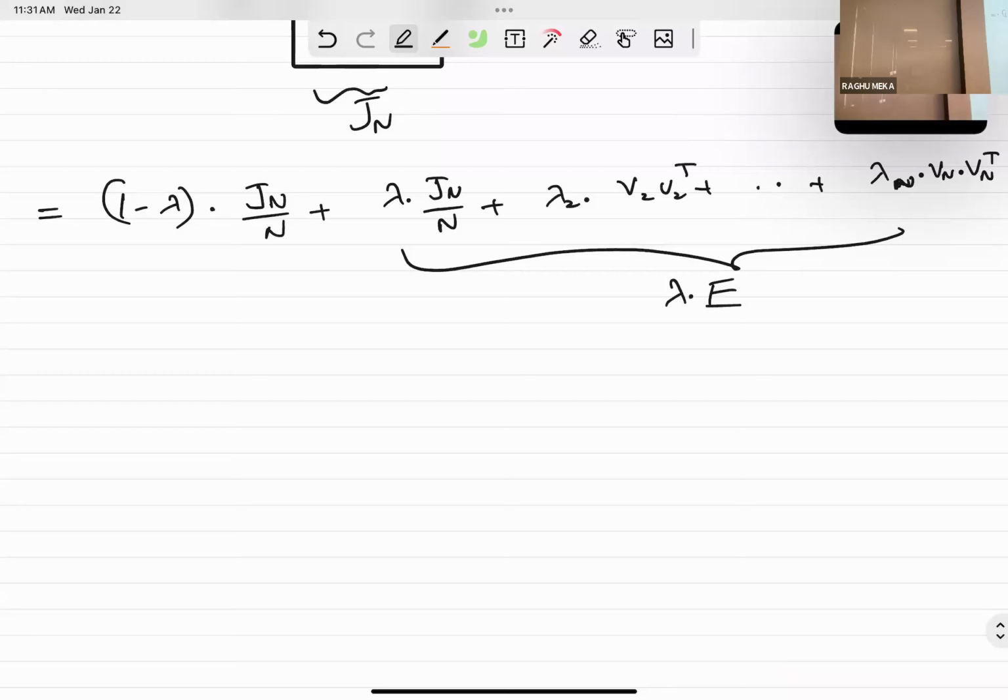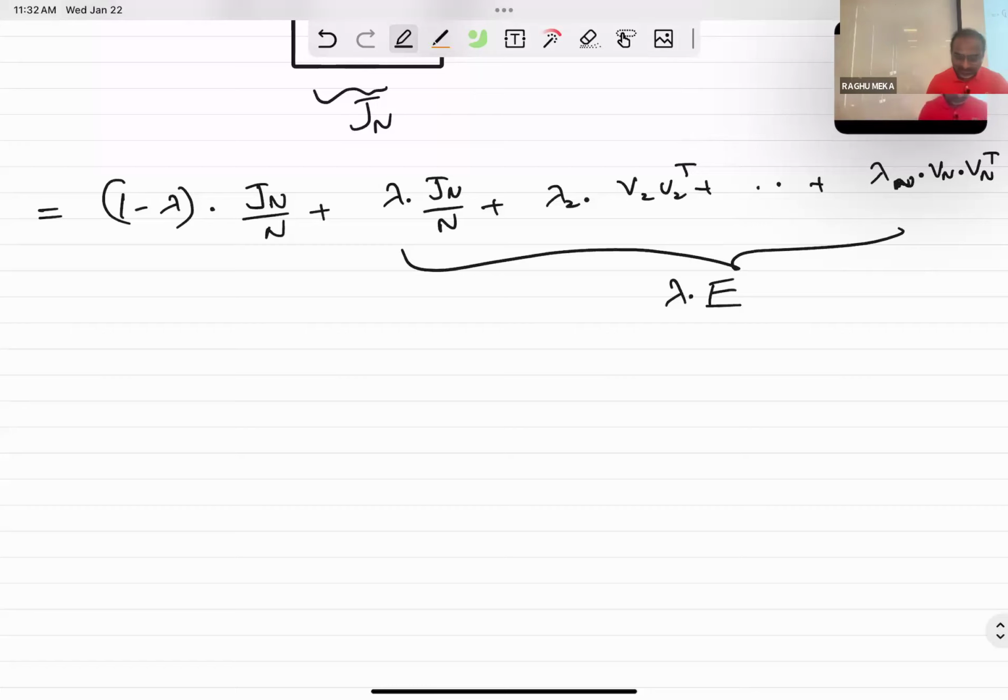The eigenvalues are going to be lambda, lambda 2, lambda 3 up to lambda n, because I gave you the eigenvalue decomposition, right? I don't have to tell you the eigenvalues anymore. I gave you that it's a combination of these orthonormal vectors. So the eigenvalues are exactly going to be lambda, lambda 2 up to lambda n. And all of them are at most lambda in magnitude.